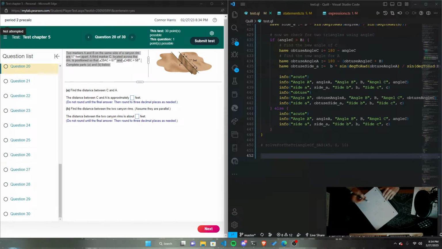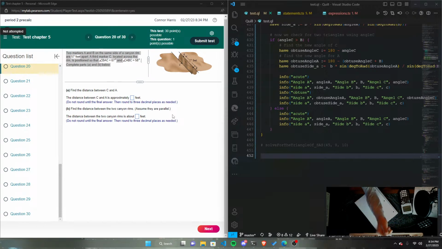All right. So we now know what b is, and it does not want us to round until the end, which is a slight problem here. Because now we need to find the distance between the two canyon rims, assume they are parallel. Wait, okay, so we found C to A, right? Now it wants us to find the distance between the two canyons.